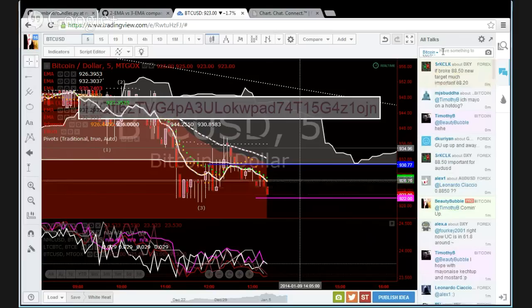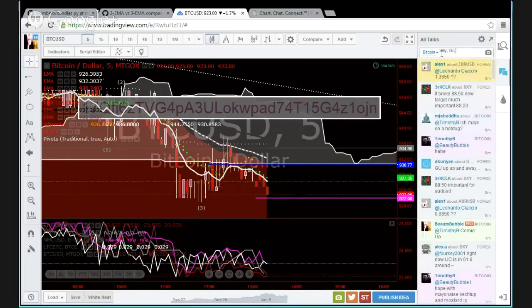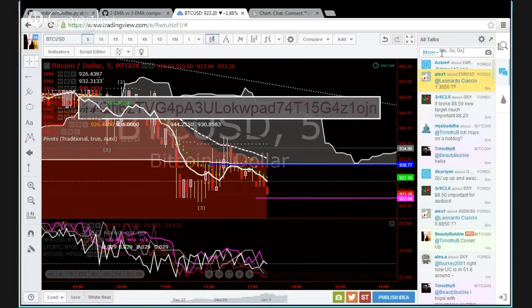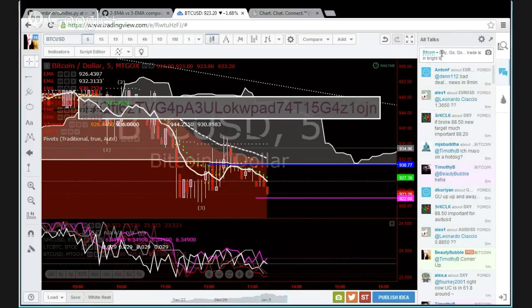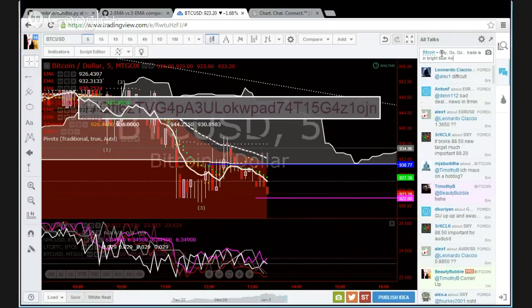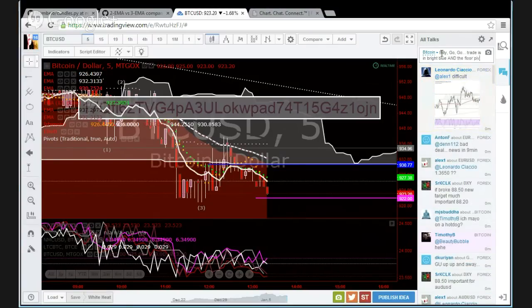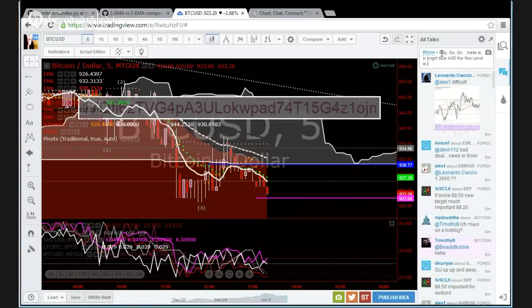So we have the Billy Go-Go trade is in blue. And the floor pivot is in magenta.